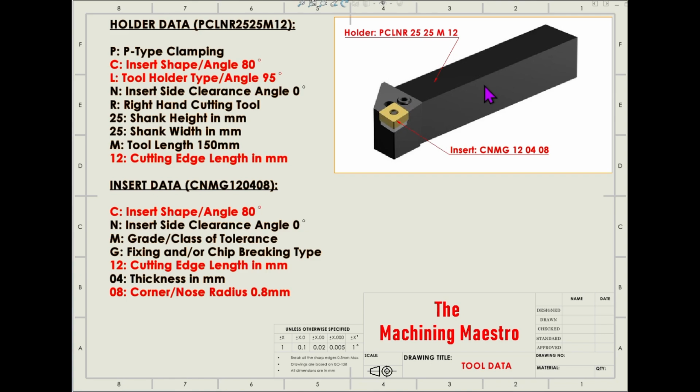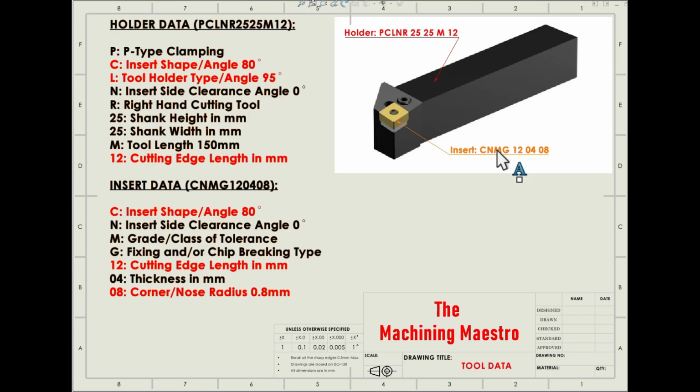This is the tool, and the black portion is the holder and the yellow portion is the insert. The holder name is PCLNR 2525 M12 and the insert name is CNMG 120408, and this is called the ISO designation of the holder, and this is the ISO designation of the insert.